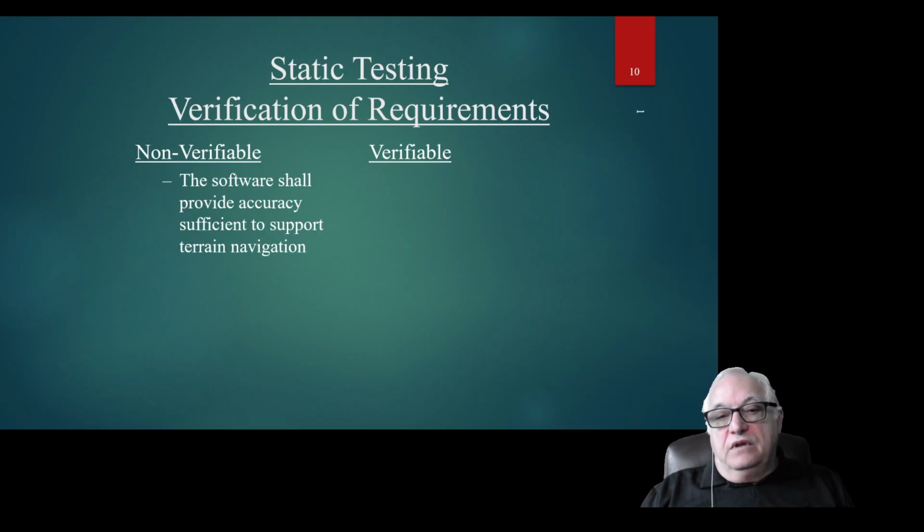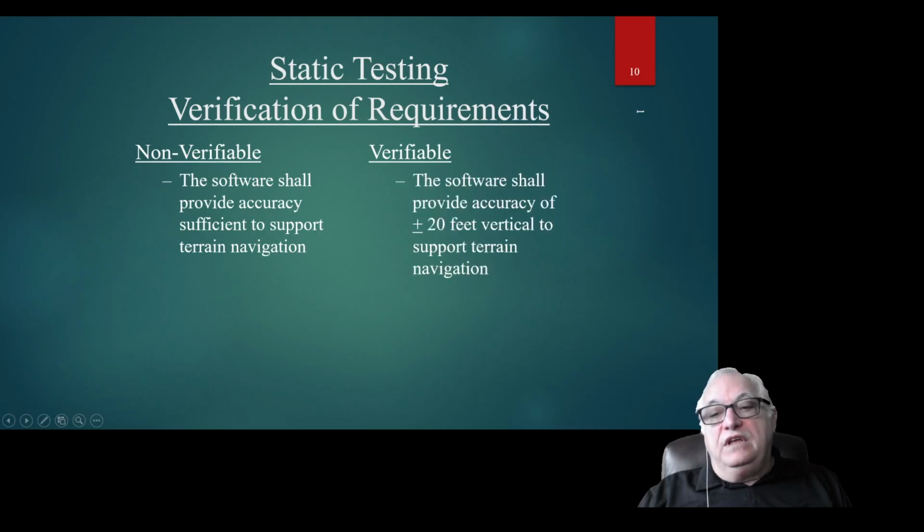Well, the programmer looked at that requirement and figured, hey, the last time we did it this way, that should be the same, and now you end up at the end of the project, and that's when you find out that somebody made some assumptions. So your software tester up front says, no, I cannot test this. Then he forces the issue, and the requirement gets changed to: the software shall provide accuracy of plus or minus 20 feet vertical to support terrain navigation.